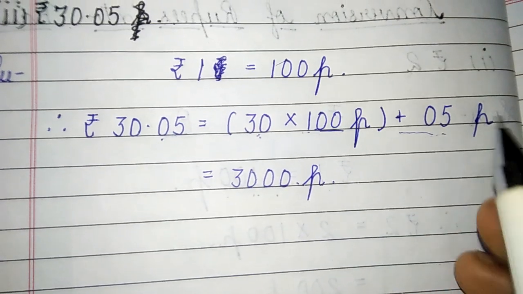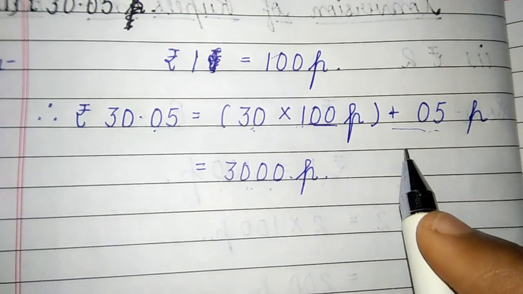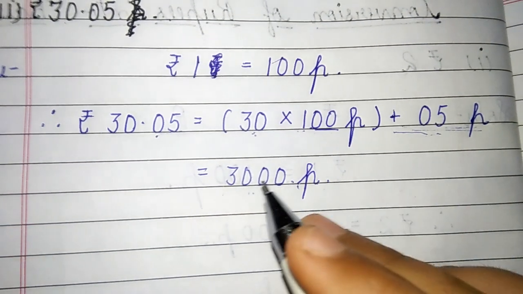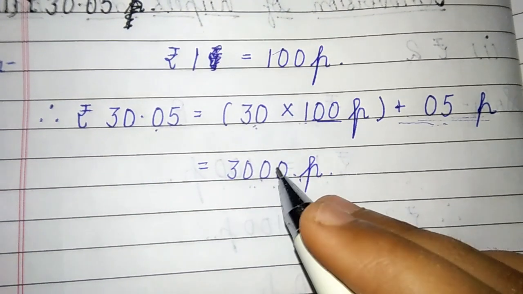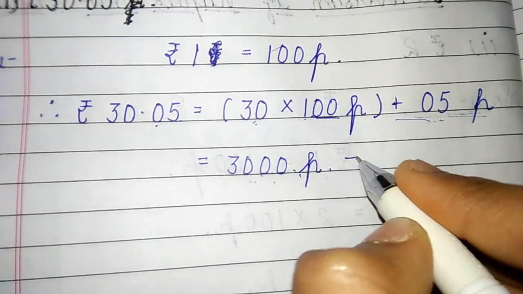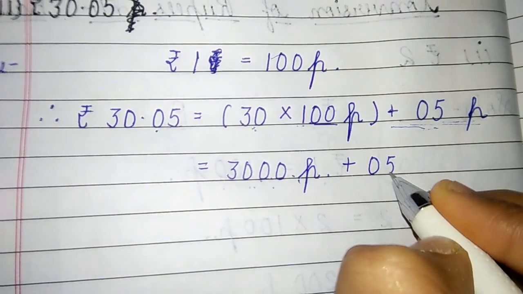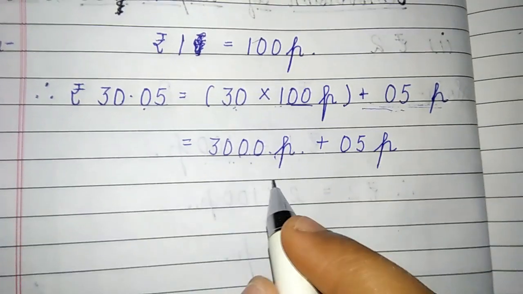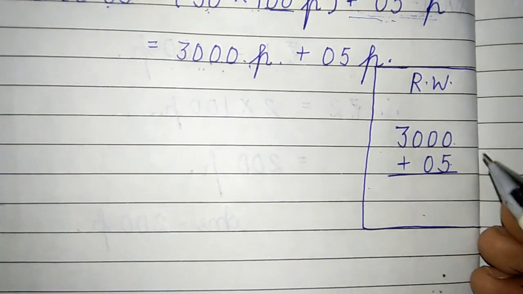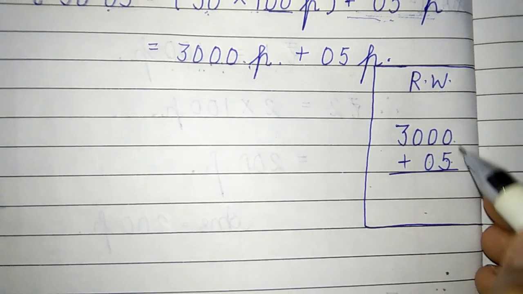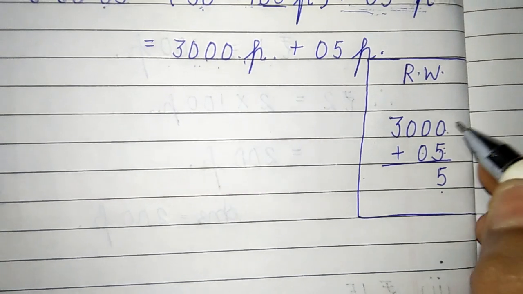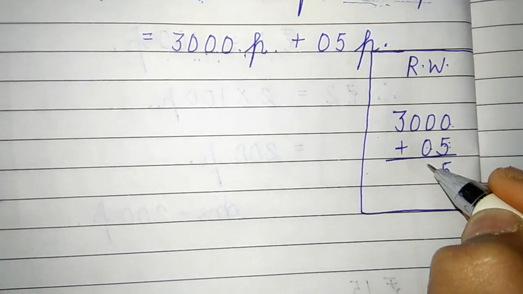Clear? Okay, now we have to add this paise with this paise. 3000 plus 5: 0 plus 5 is equal to 5. 0 plus 0 is 0.